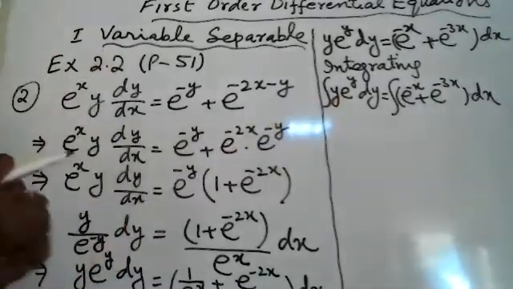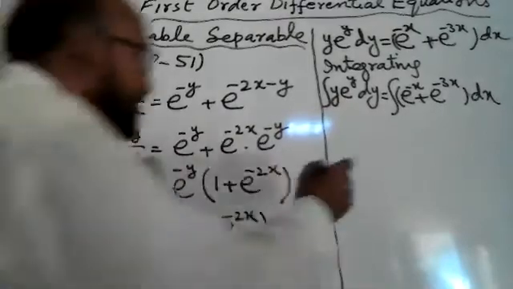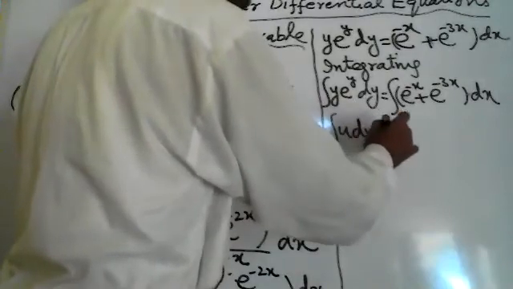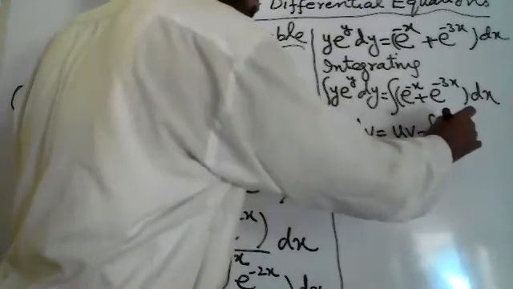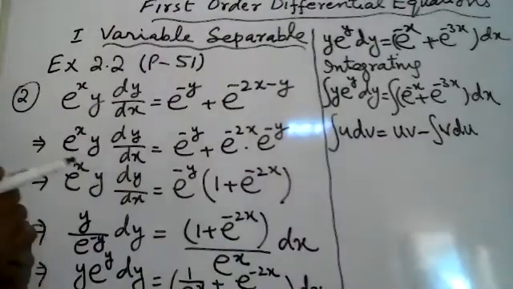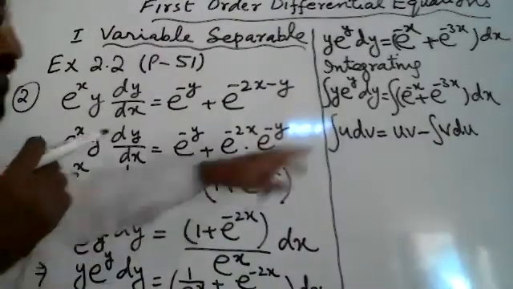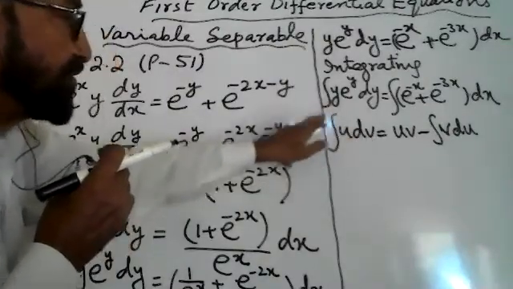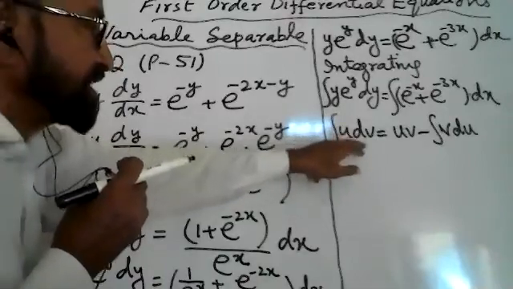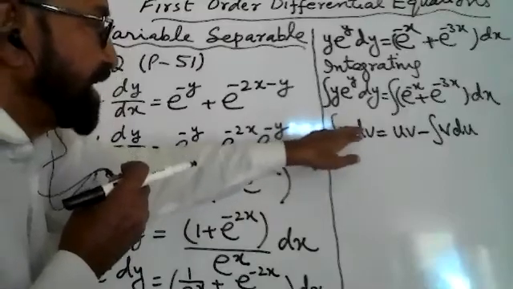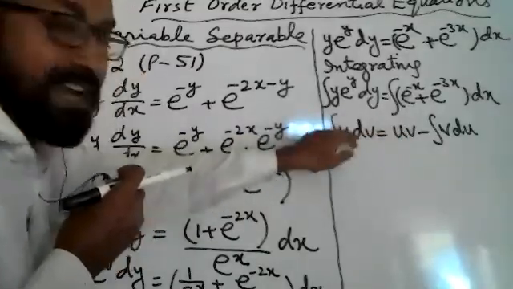Integration by parts. Integral u dv is equal to uv minus integral v du. This is the formula of integration by parts. When two different functions are being multiplied, the integral will be equal to u, the first function, into the integral of v, where v is the integral of dv.